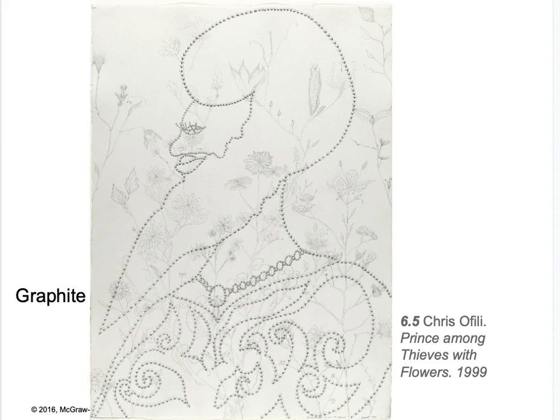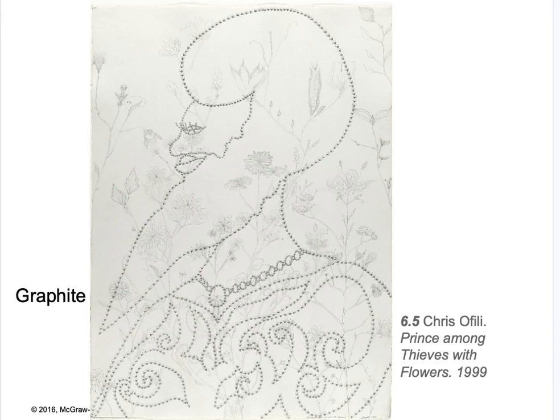This is Chris Ofili's Prince Among Thieves with Flowers. This has been done all with pencil, and it's hard to see up close what's going on, but the entire border there is made up of circles that he then shaded, so they look like beads going around the contour line.